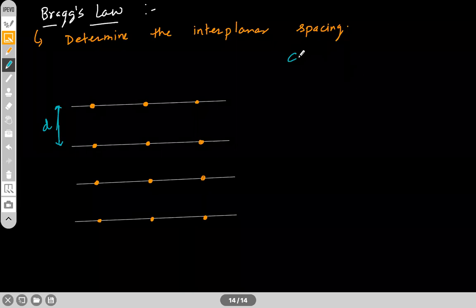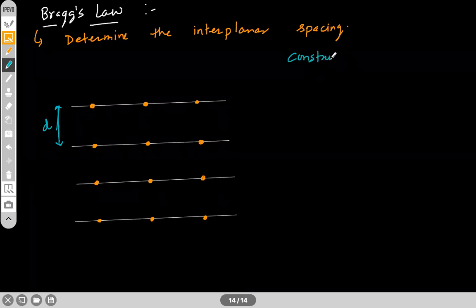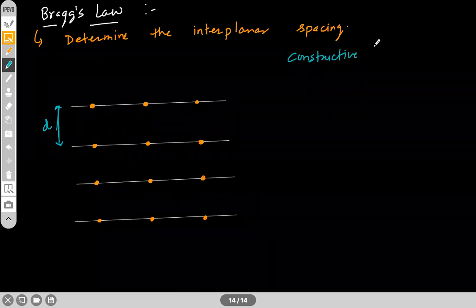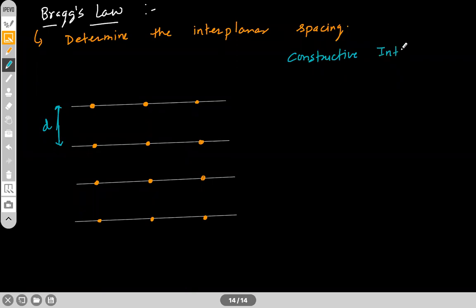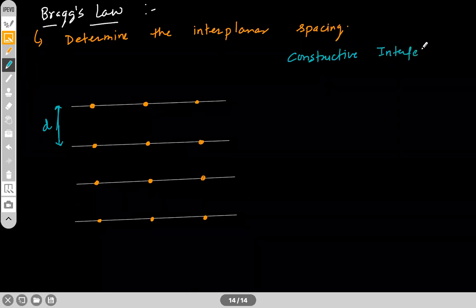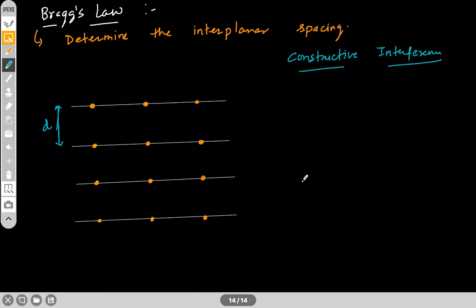We have constructive interference and destructive interference.